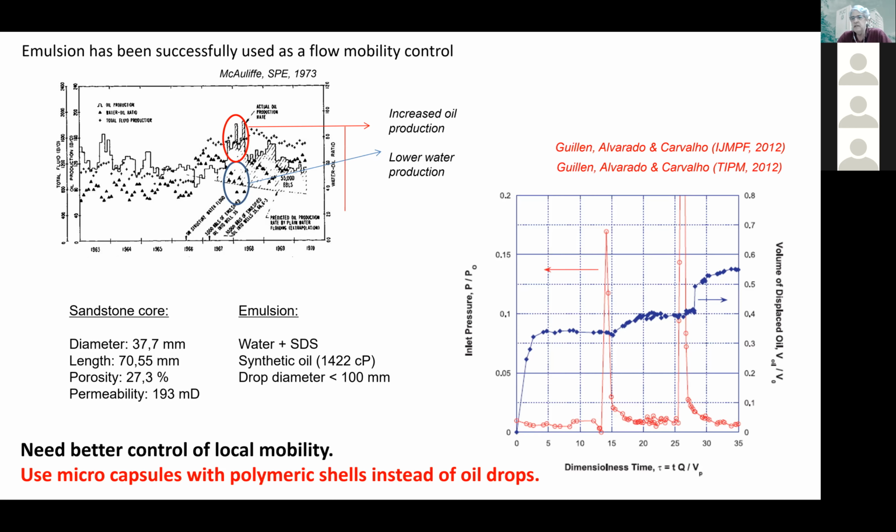You can maybe change the viscosity of the oil that you're injecting, but again, you don't have a lot of room for that. So that's why we started looking at going from this emulsion flooding to, instead of oil drops, microcapsules with a polymeric shell, because then we could play around with the properties of this polymeric shell, making it softer or harder, depending on if we wanted a stronger or a weaker pore blocking effect.